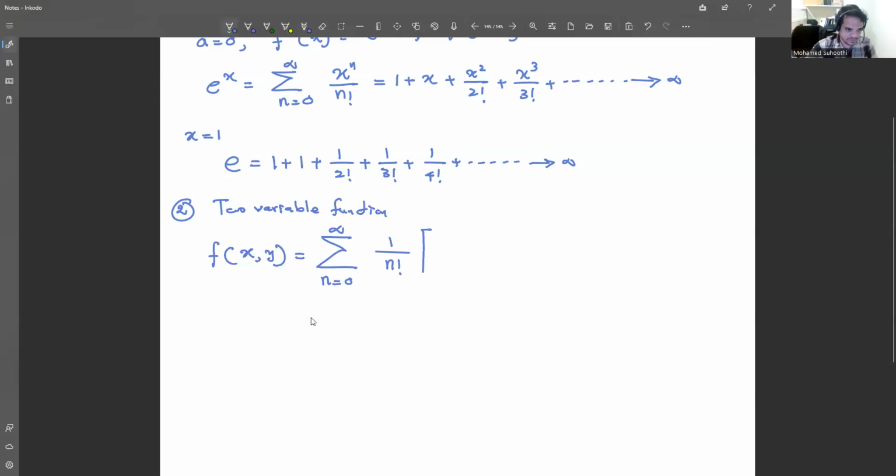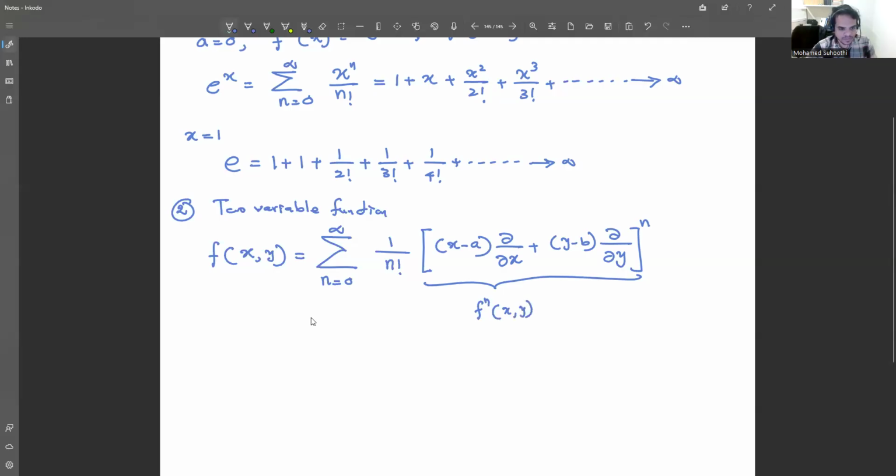The same chain rule we will apply here. That means x minus a, dou by dou x, plus y minus b, dou by dou y, to the power n. Why n? Because I'm considering the nth derivative, right? So what is this actually? This is my nth derivative of function x comma y, right?